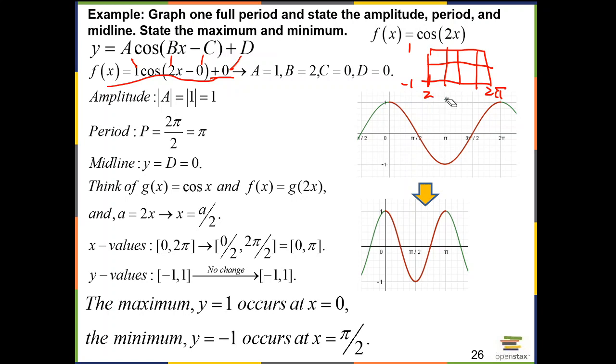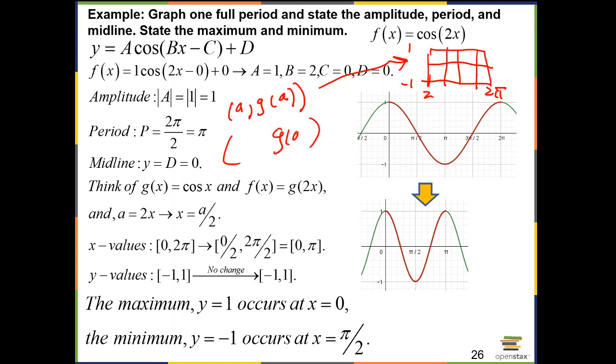So what happens to it? Well, it looks like the transformation is g of 2x, right? So if you have a and g of a on cosine, what happens to it according to this transformation? Well, it looks like y doesn't change.